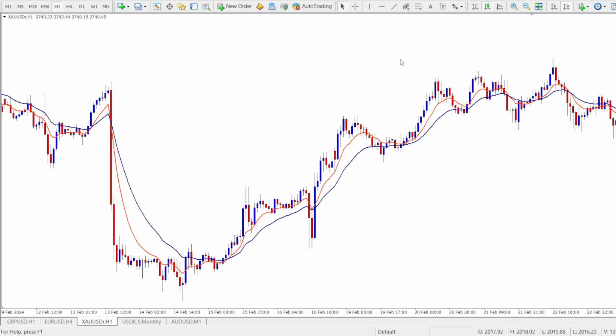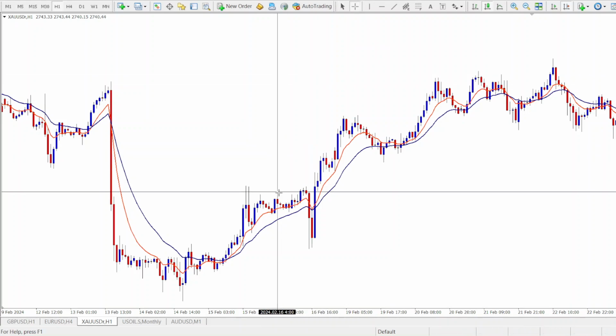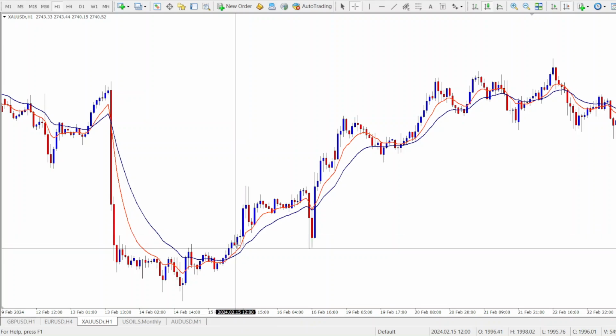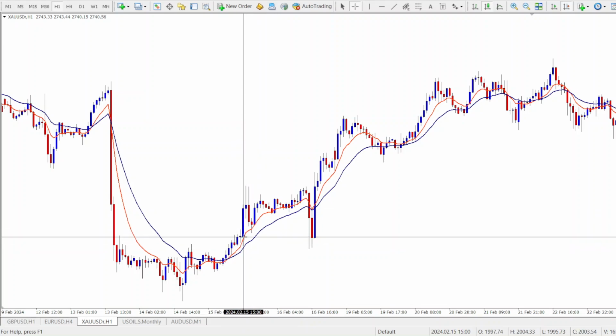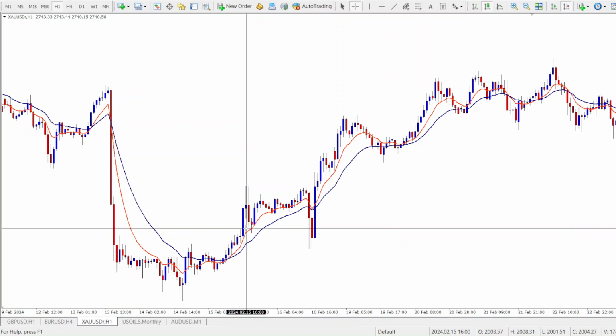The faster EMA, which in this case is the 9 EMA, is represented by this red color. I gave it this orange red color for the 9 EMA.